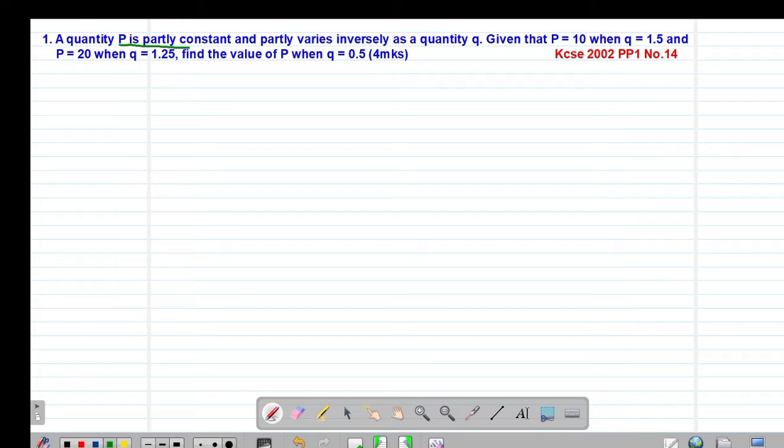So this quantity p is partly constant, which means p will be directly proportional to a given constant.